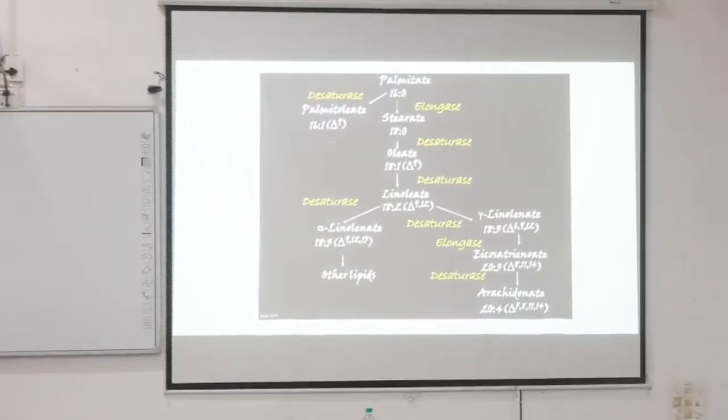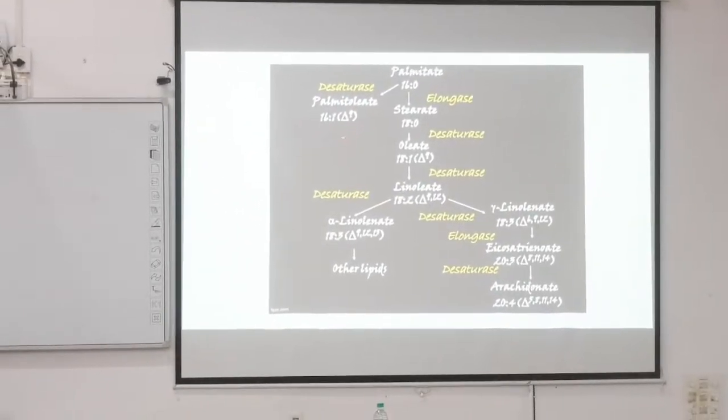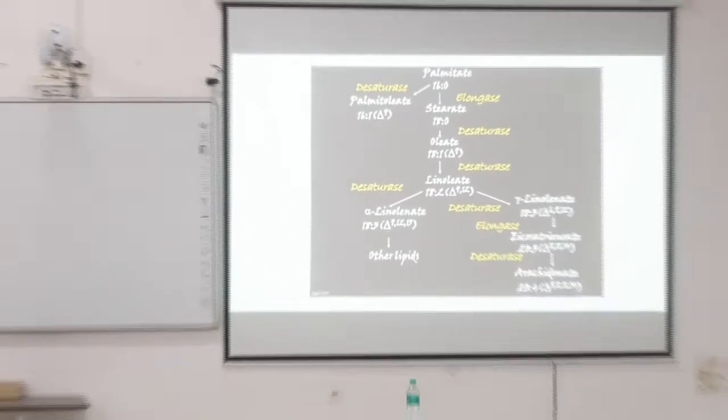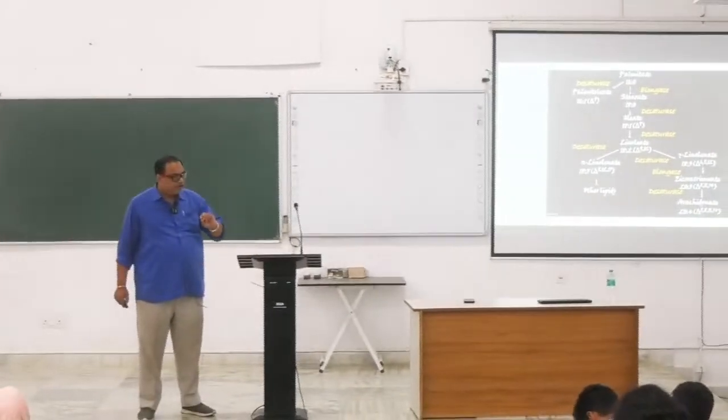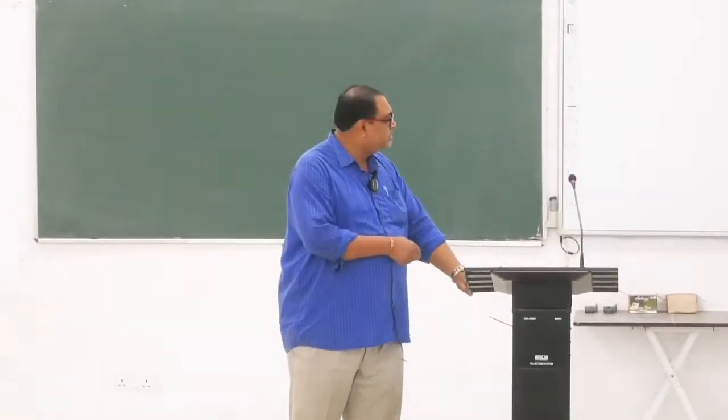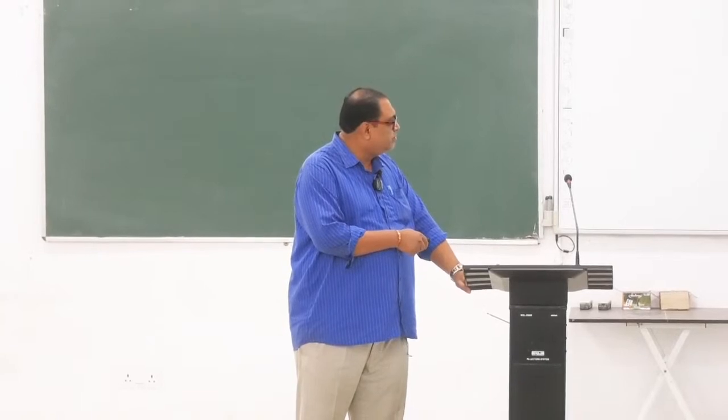It forms 16:1 delta 9 palmitoleic acid. Then if you want to elongate it, where do we send it? It is in the cytosol of hepatocytes, and from cytosol to the endoplasmic reticulum or microsome. Inside the microsome, it will be elongated to stearic acid.